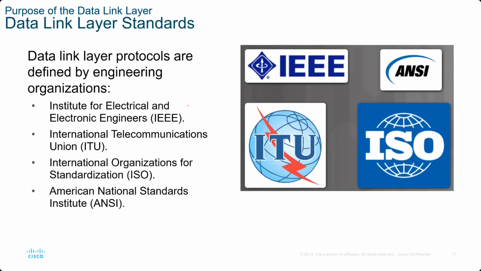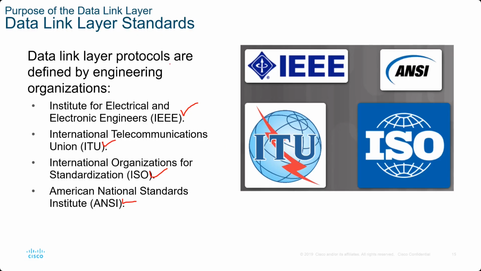So IEEE is also governed by these organizations, IEEE, ITU, ISO, and ANSI. If you remember, these are all those organizations which were also governing the standards of physical media. Again, think about it. Why is the same organization responsible for the physical layer also responsible for data link layer standards?